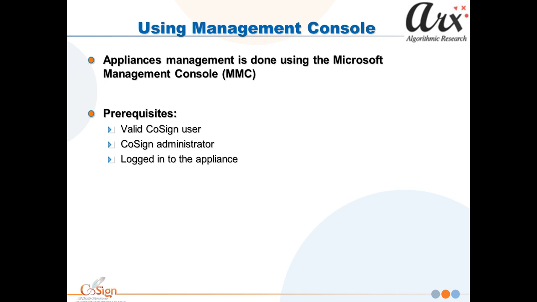To be a valid administrator of CoSign, you need to be a member of both groups, and that's very important. Simply being a member of the CoSign admins group will not grant you administrative access to CoSign. So that's why these prerequisites are written out in this fashion. If you are syncing against Active Directory, you need to be a member of both groups in order to be a valid administrator of CoSign.